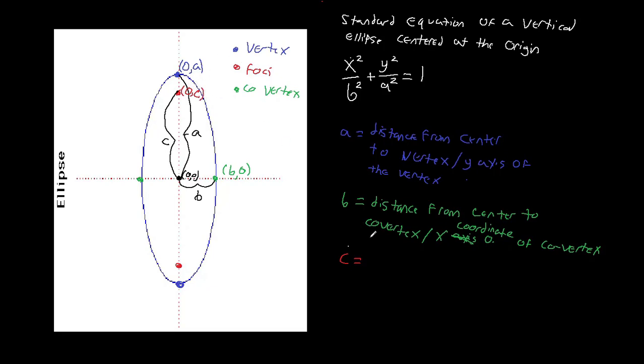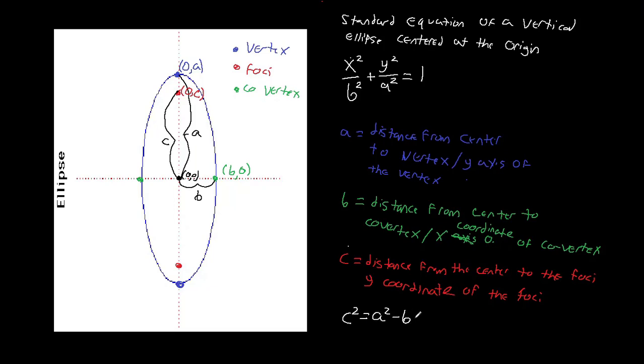So this is the distance from the center to the foci, but this is now the y-coordinate of the foci. And again, we have that same relationship from before, that c squared equals a squared minus b squared. So this key relationship still holds true.